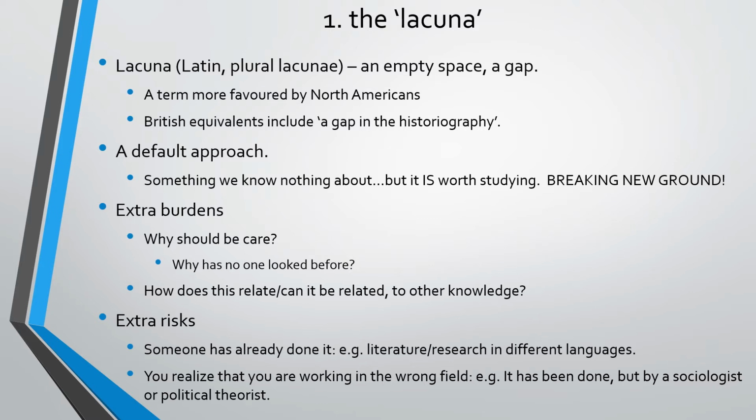Again, this might sound like an obvious risk of trying to break new ground, but it's certainly one that's relevant when you're starting off in academia preparing a PhD. People do fall into this trap. They set about to write a piece of economic history and realize halfway through that in fact a lot of work on this topic has already been done by political theorists, for example.